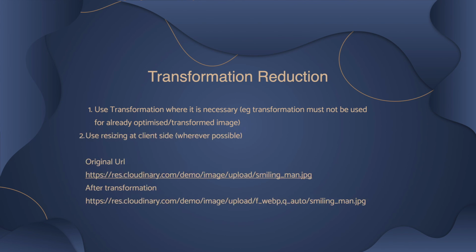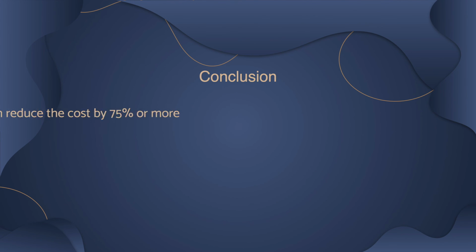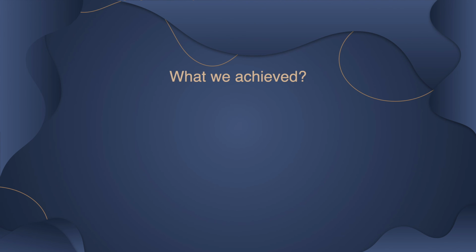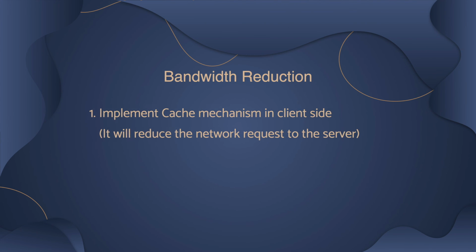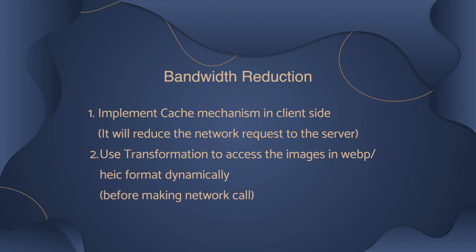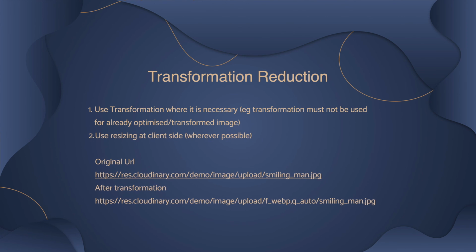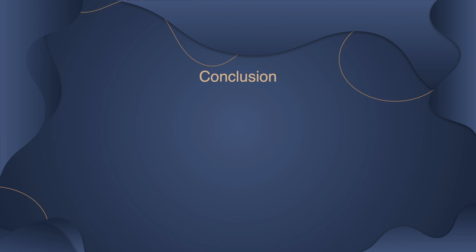And if the image size is, let's say, 1000x1000 pixels, and on the client we need to display it at 48x48, then we need to use the transformation on the server side. So this is one example of how the original URL will look, and this example is for Cloudinary, and how it will look after transformation.